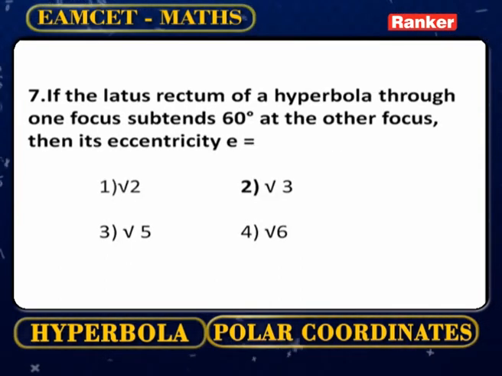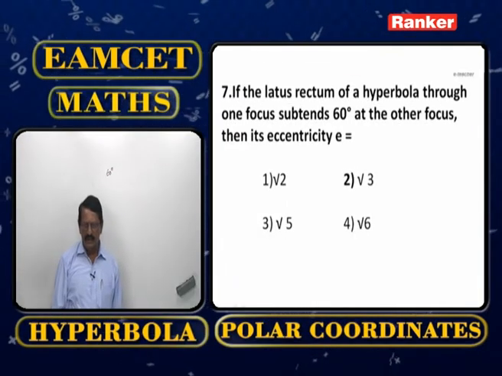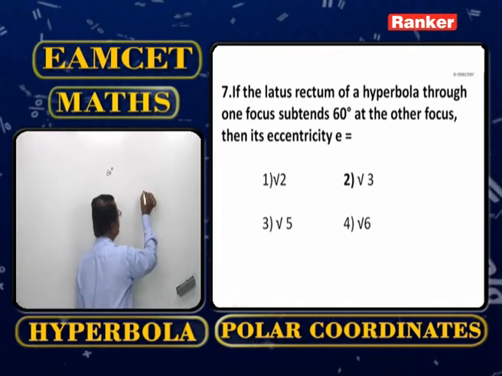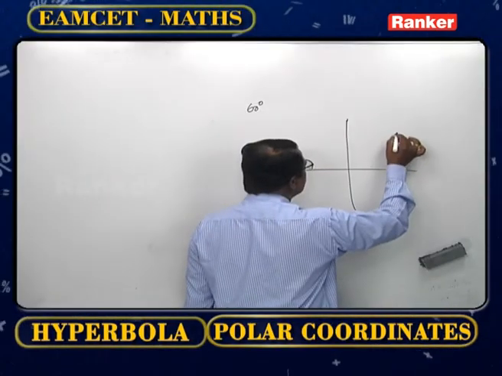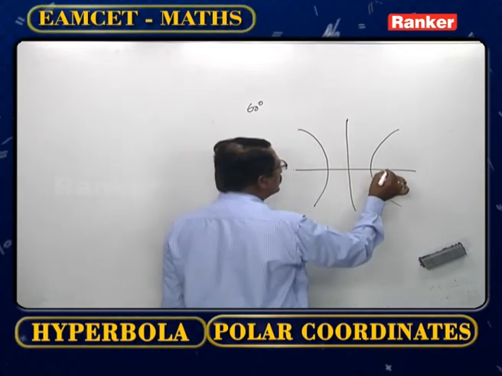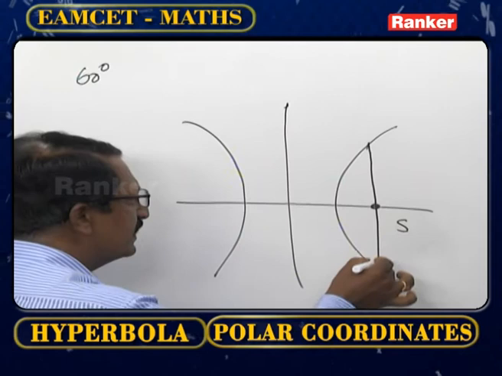If the latus rectum of the hyperbola through one focus subtends 60 degrees at the other focus, then its eccentricity? The hyperbola, one focus S, S dash the second focus.